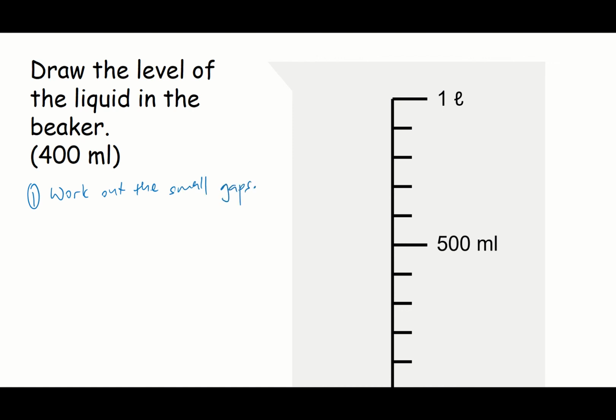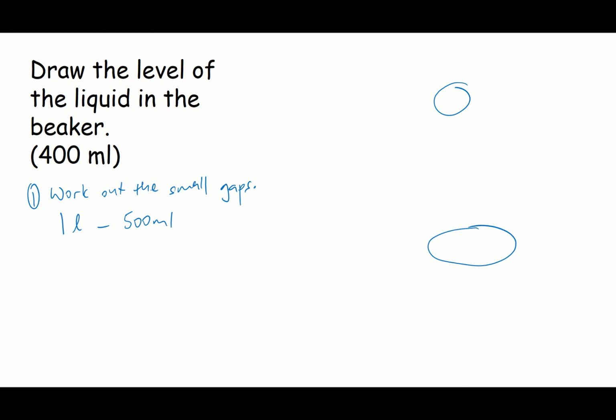But the markings that are labeled are much further apart now. This and this. Let's find the difference first. 1 liter minus away 500 milliliters. Do you know how to solve this? Very simply.